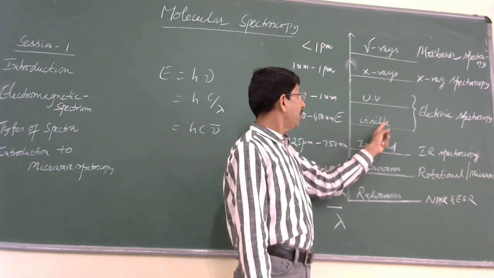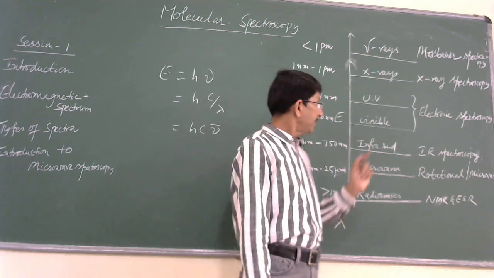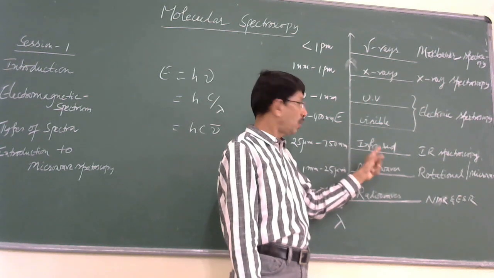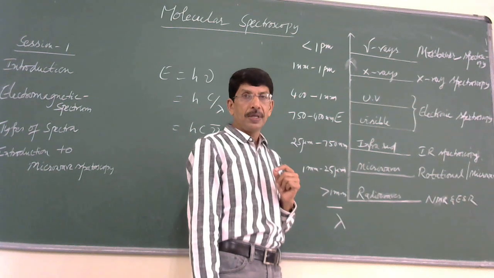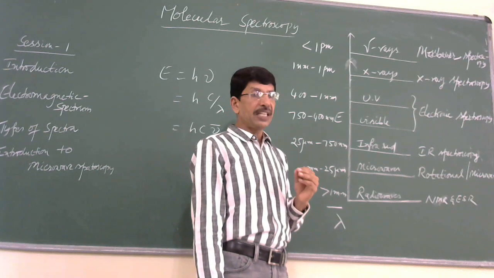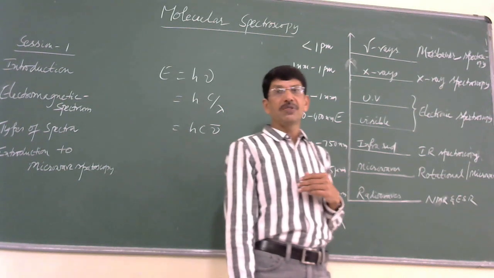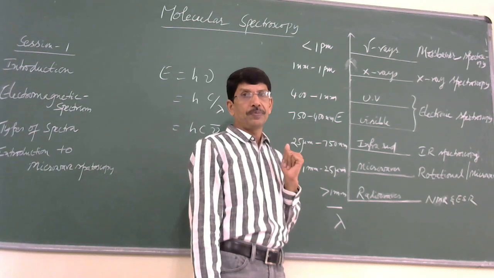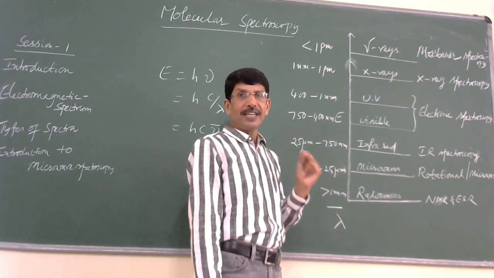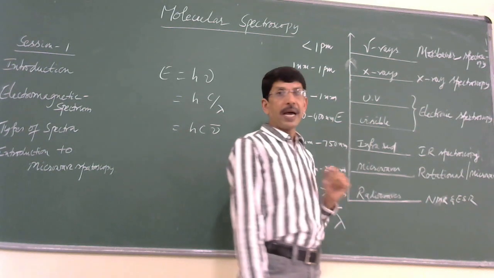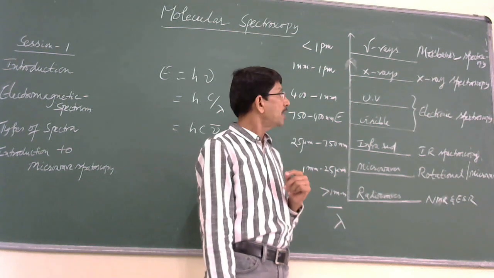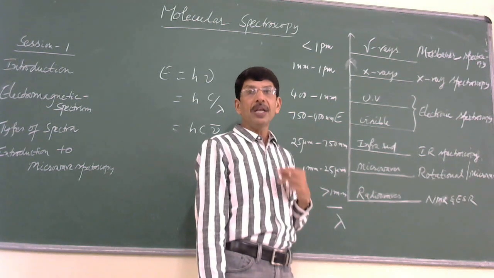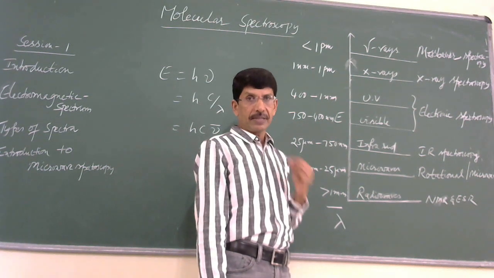Then, UV visible radiations. Since the energy associated with ultraviolet and visible radiations is more than that of infrared radiations, UV visible radiations bring about electronic transitions between electronic energy levels denoted by principal quantum number n. Since electronic transitions are brought about by ultraviolet and visible radiations, this spectroscopic technique is called electronic spectroscopy or UV visible spectroscopic technique.